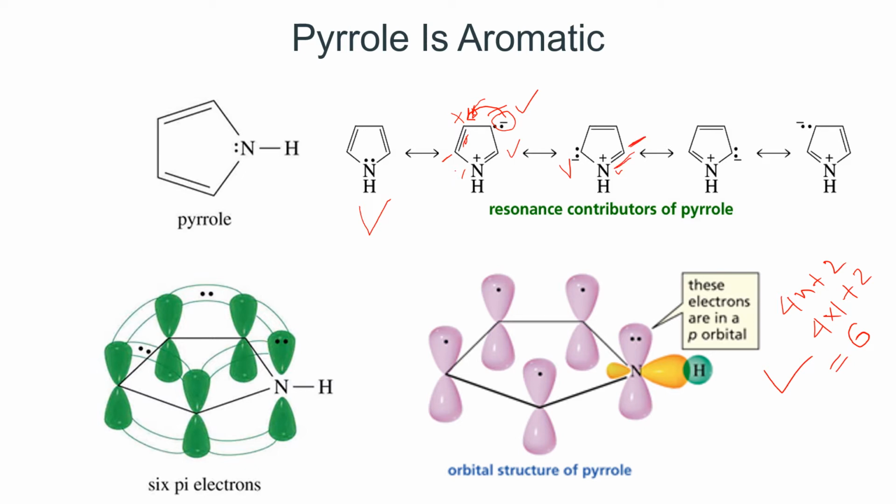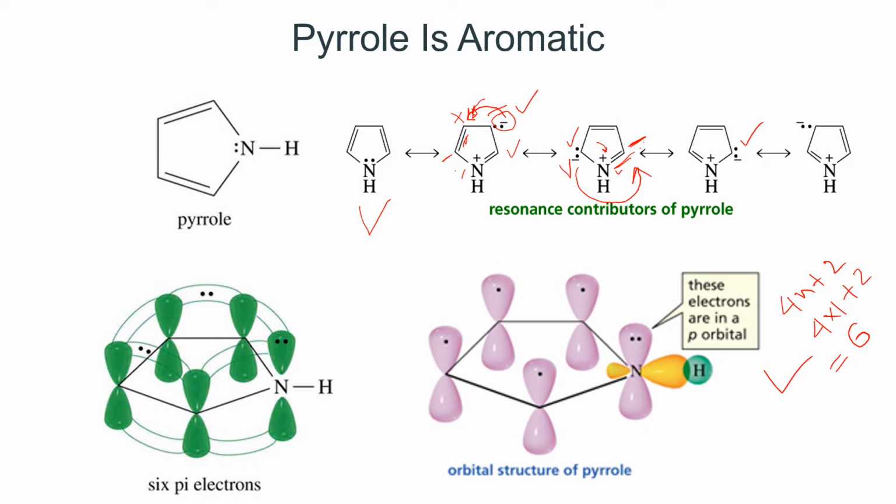That is, this carbon will be negative, and then this negative carbon can share its excess electron with nitrogen and form a double bond, that is a pi bond here. So the negative charge shifted from this position to this position, and after that this negative carbon tries to share its excess electron with its adjacent carbon.